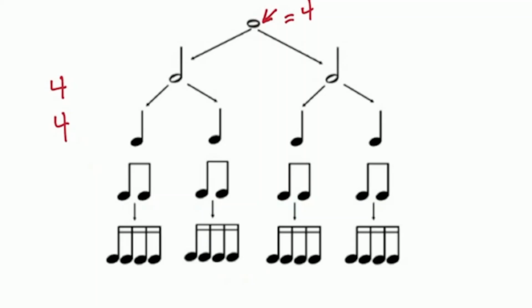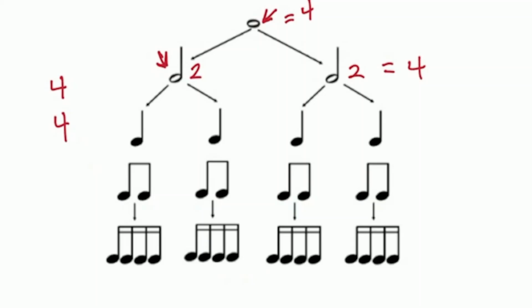Let's say that we want to split that whole note in half. If we do that, we end up with a half note, and a half note gets 2 beats, which equals 2 counts. So you can have a total of 2 half notes in one measure of 4/4 time. So 2 half notes equal 1 whole note.